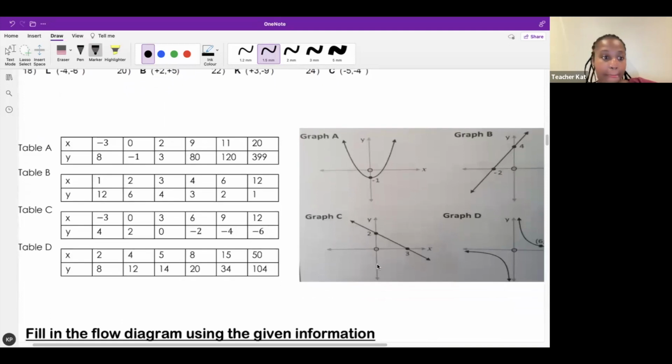All right, now let's look at table A. Okay, look at the points you have on the graphs. Graph A, which point have we been given here? If it is on the y-axis, what is my x coordinate? Did we move left or right at all?